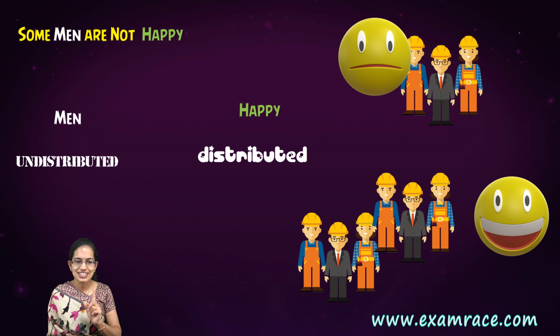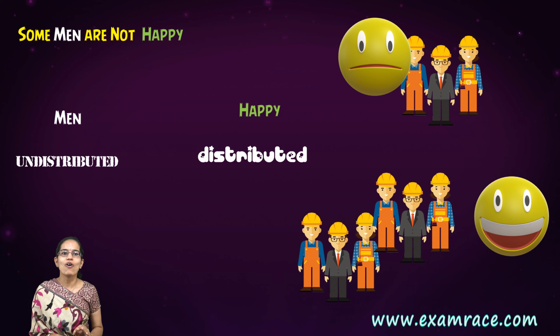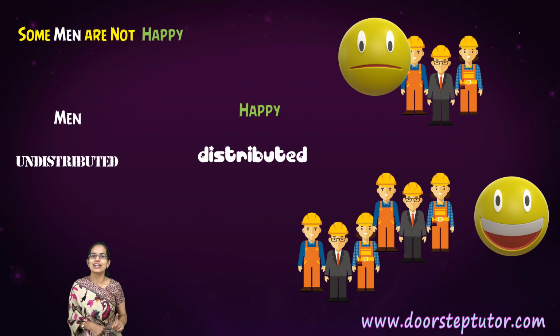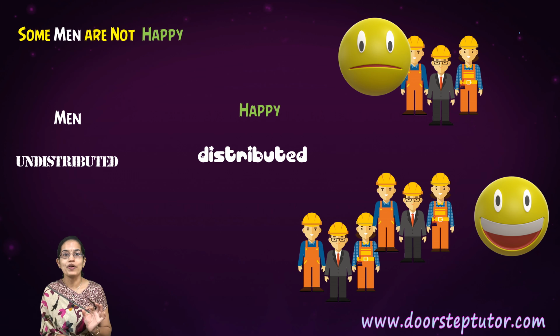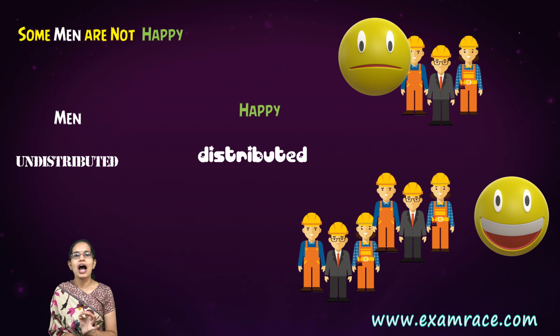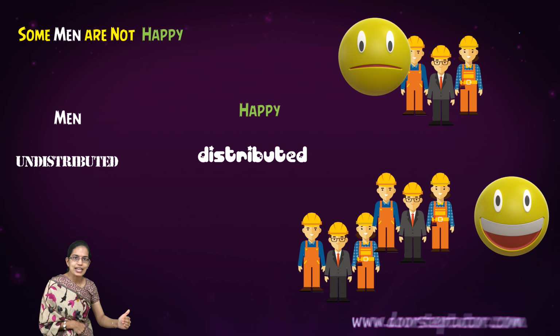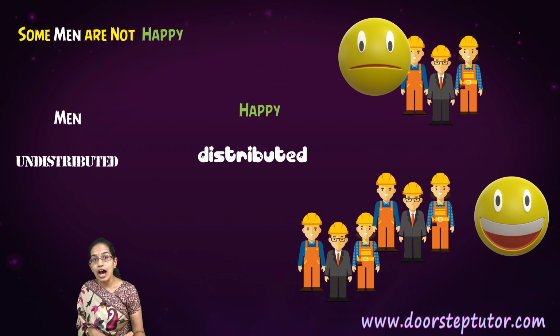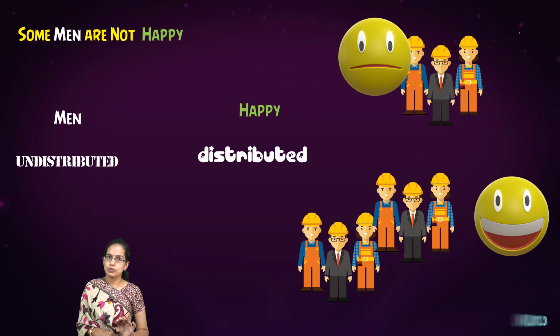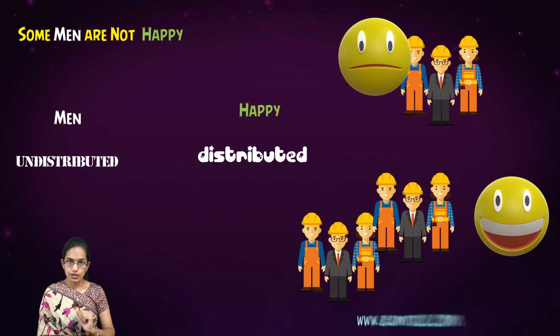This is distributed. And therefore, it is very, very important to understand that in a proposition of O, when it is some not, you have the subject that is undistributed and the predicate becomes distributed. I repeat again, the men are undistributed because some of them are happy, some are not.